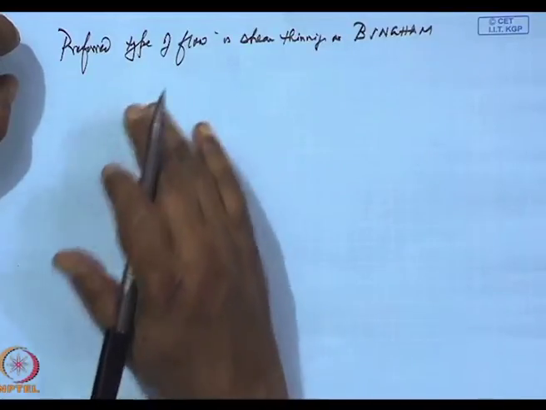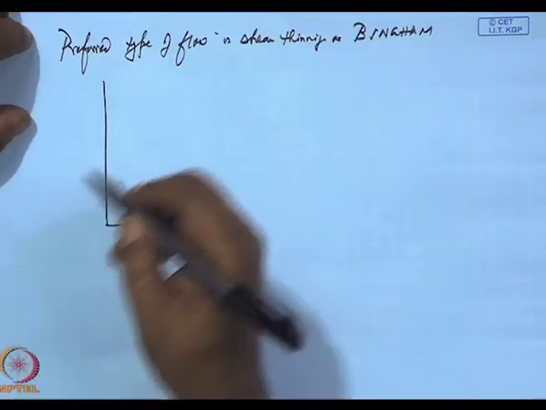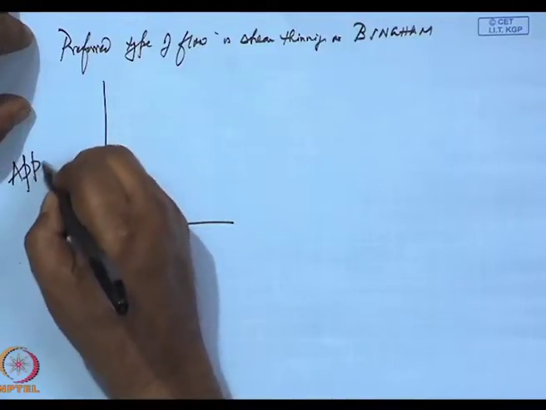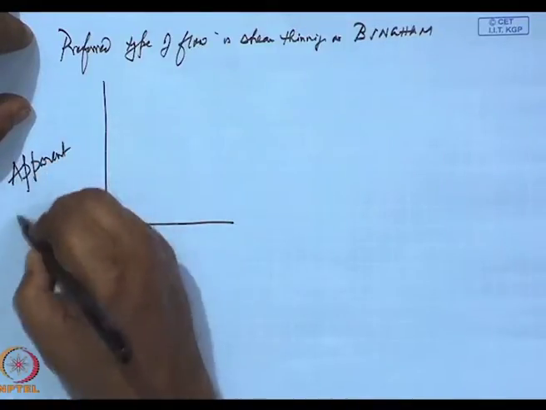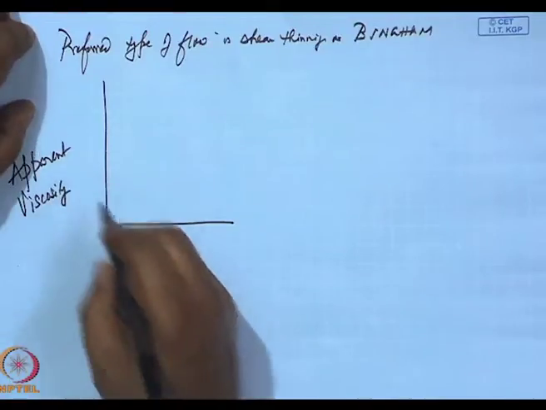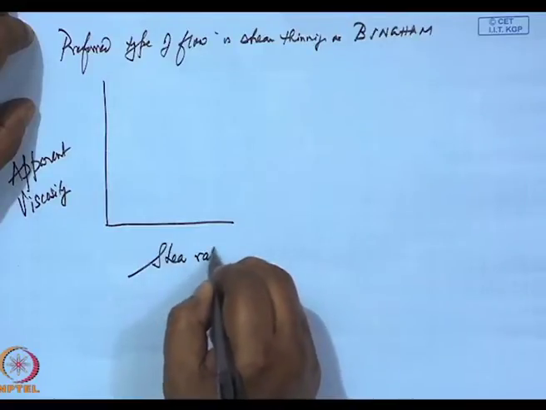It means as you apply more and more shear, the material starts flowing. What are the different types? Before I explain what is Bingham, let me draw a diagram. This is, let us say, apparent viscosity, and this is, let us say, the shear rate.